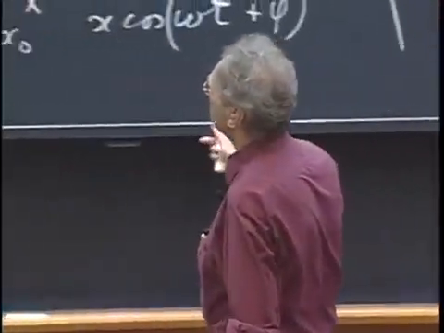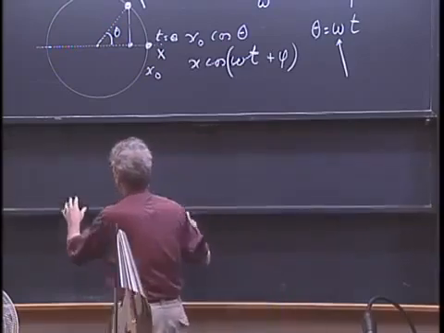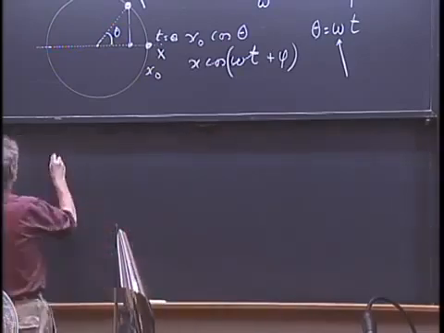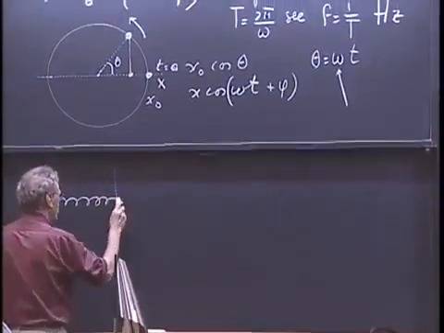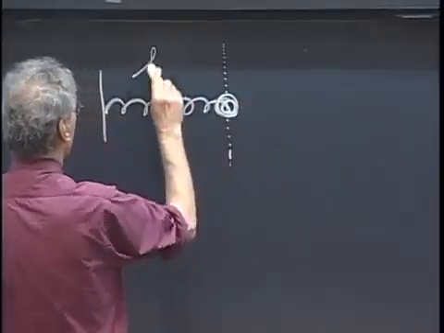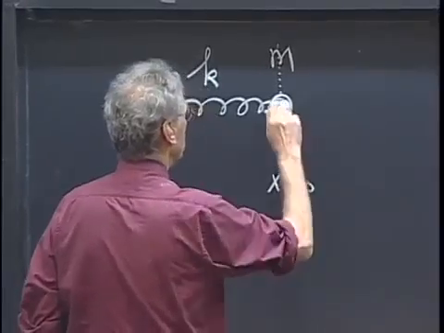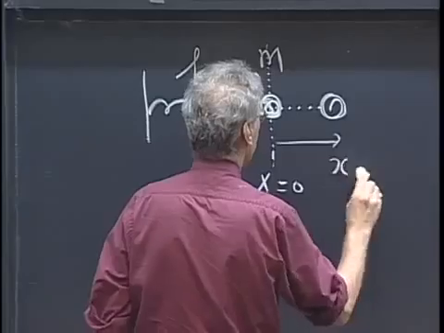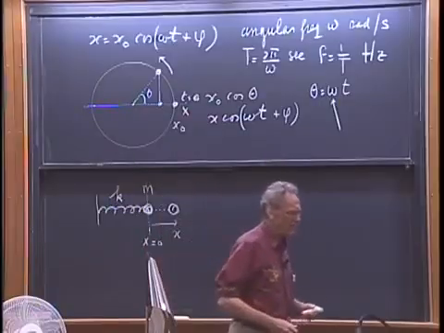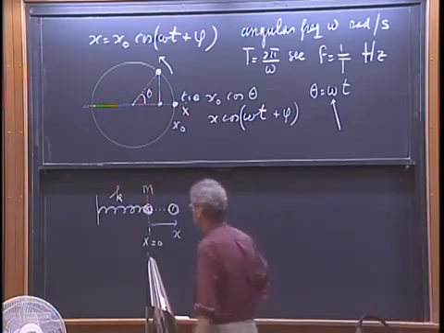An easy example of a simple harmonic motion is a spring system. If I have here a spring, and this is in a relaxed position, the spring constant is k, the mass is m, and x equals 0 here, and I bring it further out, I bring it to a position x, then there is a spring force that wants to drive it back to equilibrium.